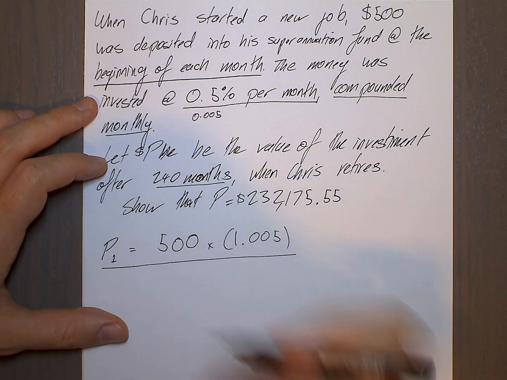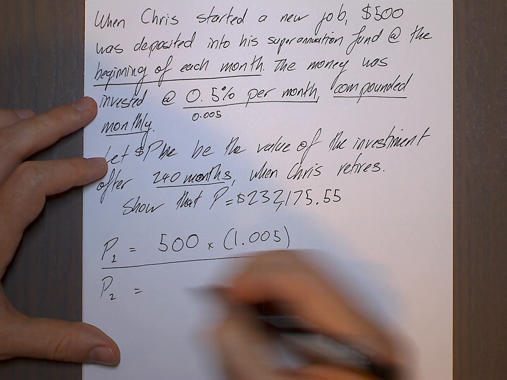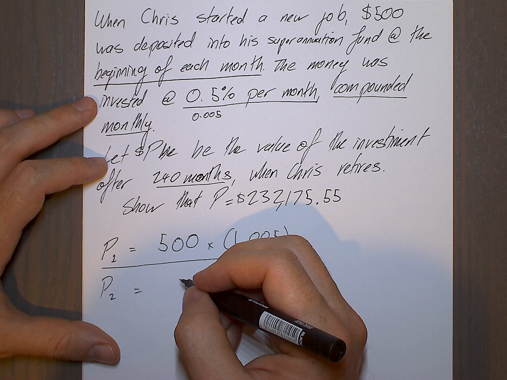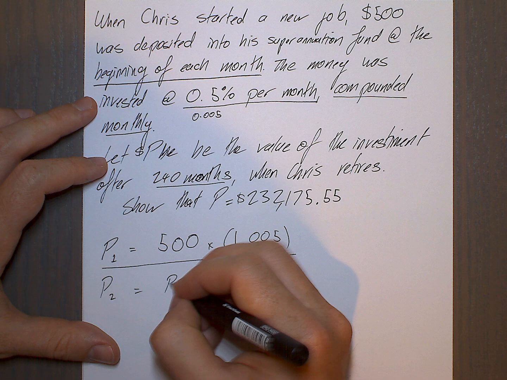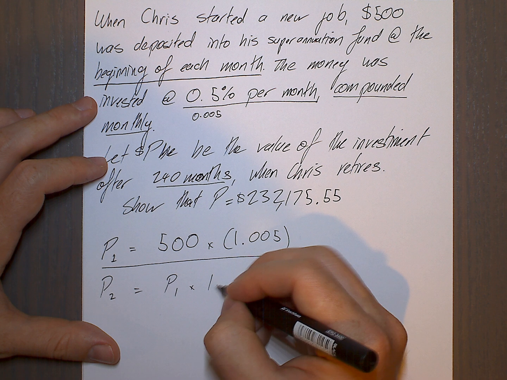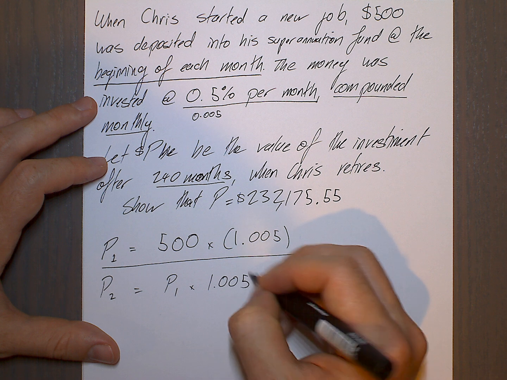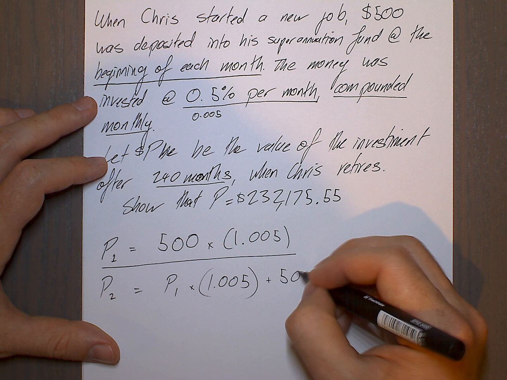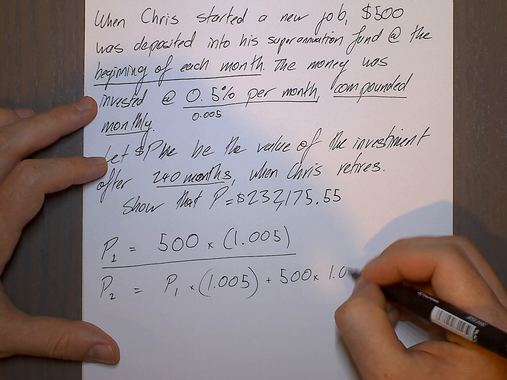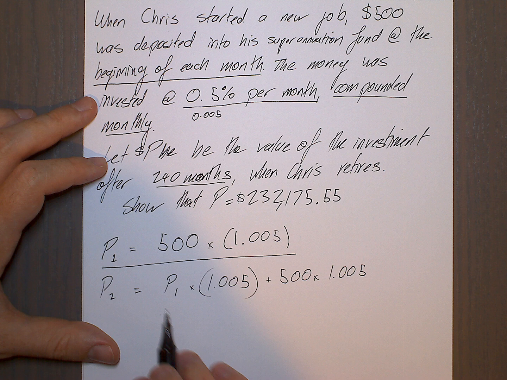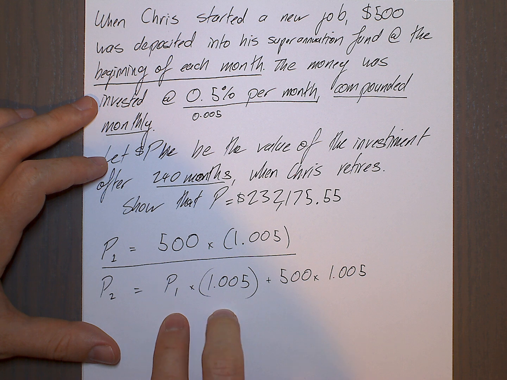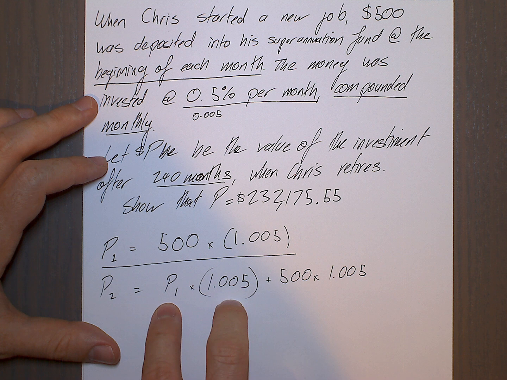So P2 is going to have whatever we had in P1 times our rate, plus our 500 times our rate. This is accumulating whatever was previously in there, which is just one month at this point, but that's important for later on.